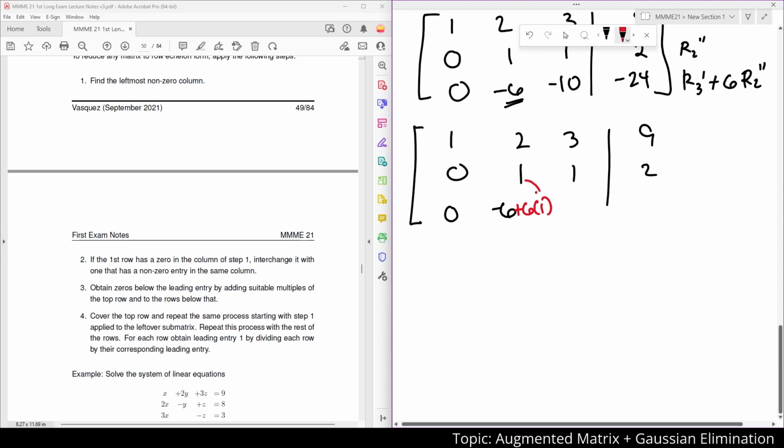Kinuha natin itong 1 na to, dyan. Then we have negative 10 plus 6 times 1. Yung 1 na yan. And you have negative 24 plus 6 times 2. Yung 2, so yan.